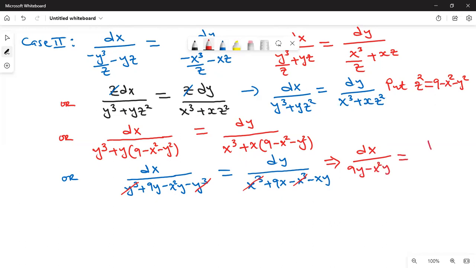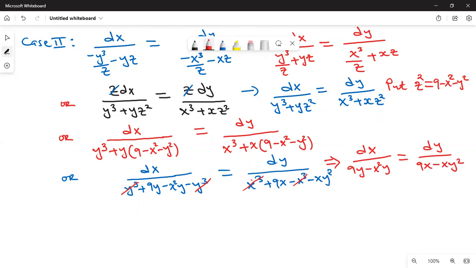This should be equal to dy over 9x minus, remember here, there was xy squared, this is a square, let me add it, xy squared, the last term, because you're multiplying. So that's 9x minus xy squared.